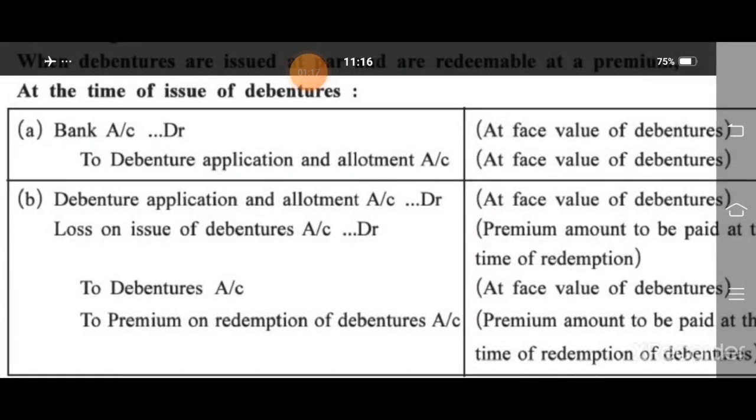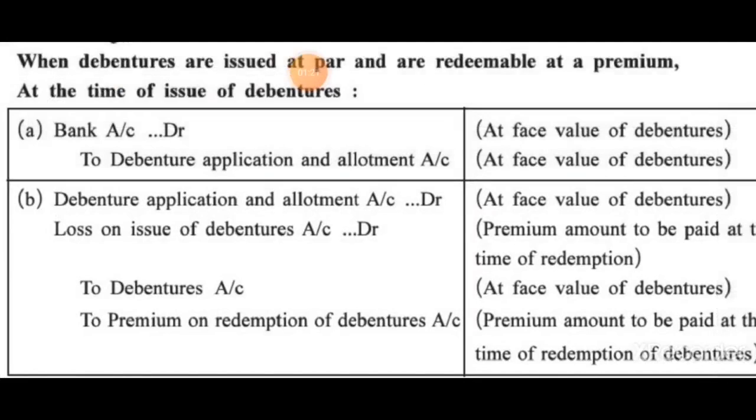When debentures are redeemable at a premium, then the following entries are passed at the time of issue of debenture. First entry is at face value of debentures, bank account debited to debenture application and allotment account. Here, debentures are issued at par and are redeemable at premium.